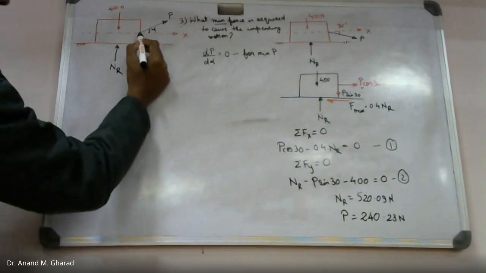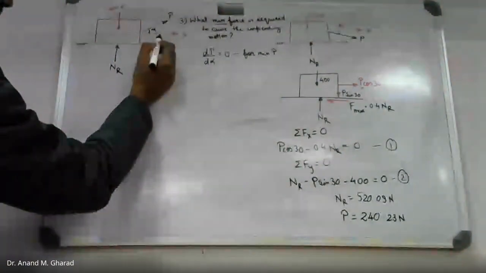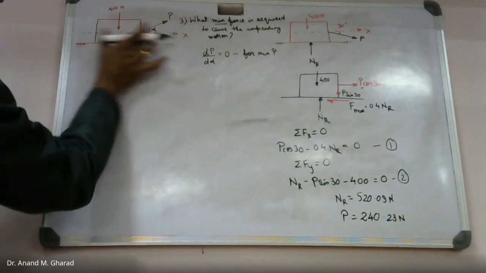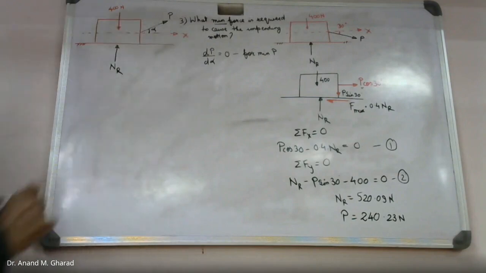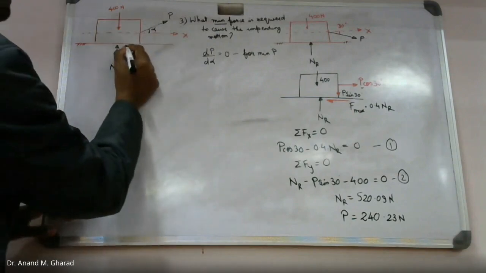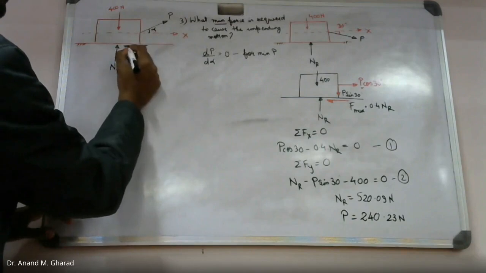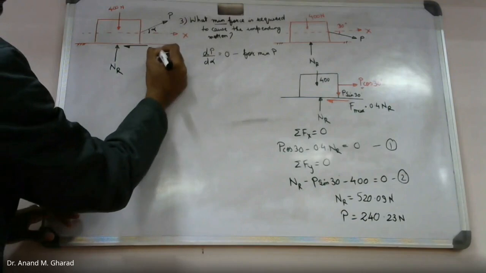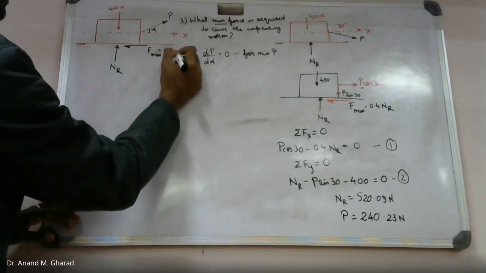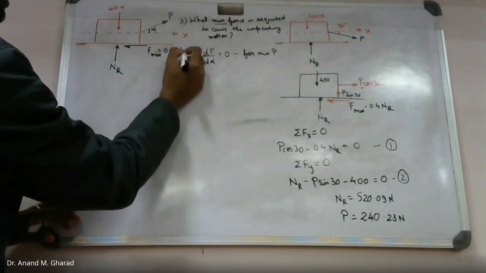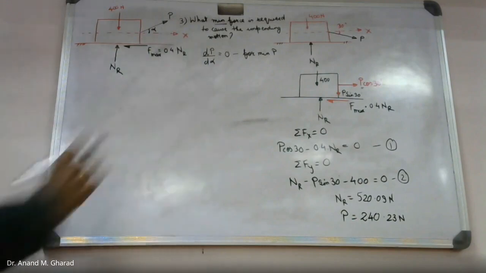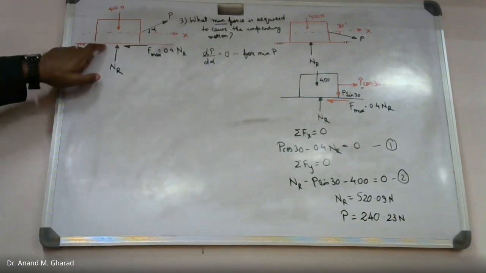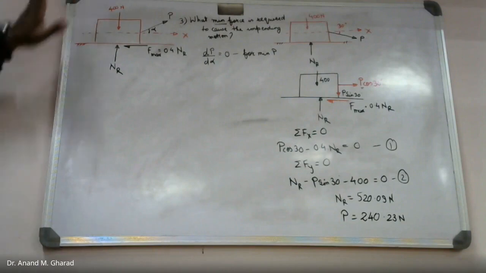And since one of its components, the cos component, will try to move the block in the right direction, the frictional resistance shall be in the opposite direction. Let me consider this to be F max. Over here it is given as 0.4 times NR. Mu s value is actually given as 0.4. So this will be the free body diagram associated to case number 3.